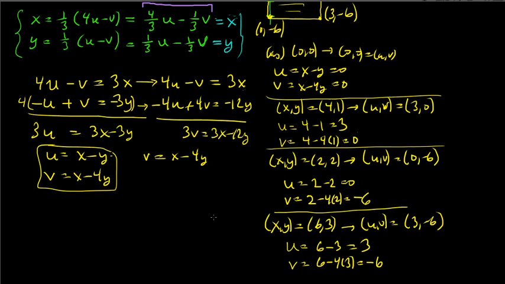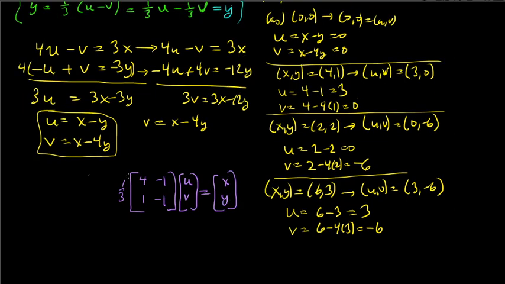So the original matrix here, going from uv to x and y, is just 1/3, let's bring out the 1/3, times the matrix 4, -1, 1, -1. And you multiply this matrix here by u and then v, and you get your x and y, right? This becomes x and y.